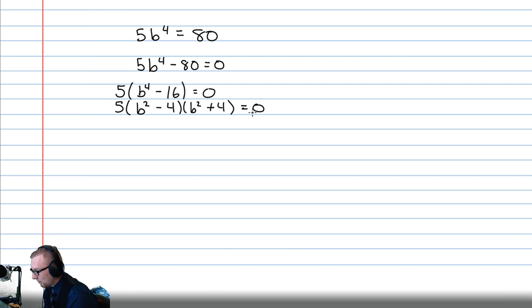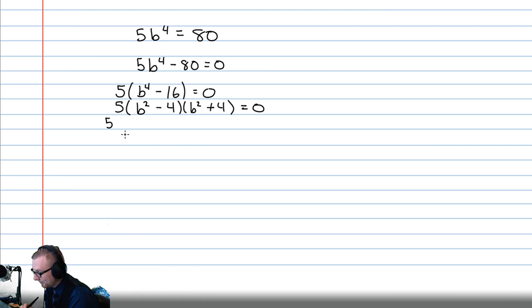Okay, and then you're not done. It will be b squared minus 4 equals 0, and put 4 to the other side. Nope, you're still not done. Oh, okay. We want to finish factoring. So you extend it more.